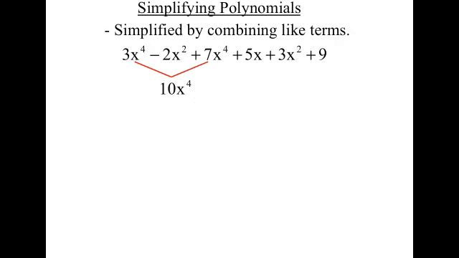Then my next biggest variable term is to the second power. So I'm going to do negative 2x squared and positive 3x squared makes x squared. Last, we've got 5x doesn't combine with anything, and 9, the constant, always goes last.